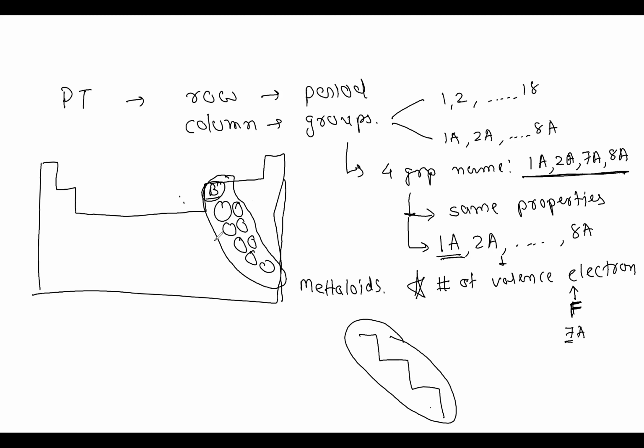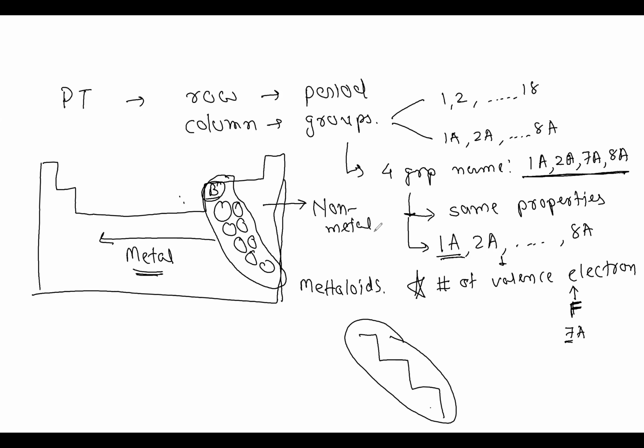Everything on the left side of that zigzag is considered metal elements. Everything on the right side of the periodic table on this metalloid section is called non-metal.